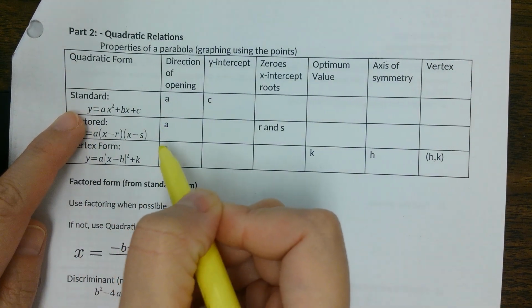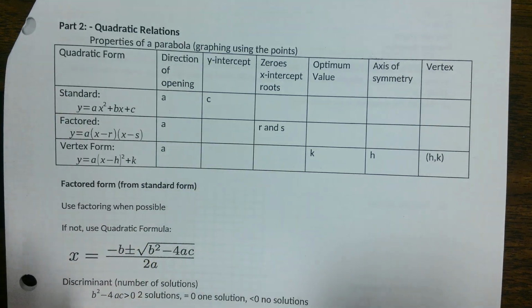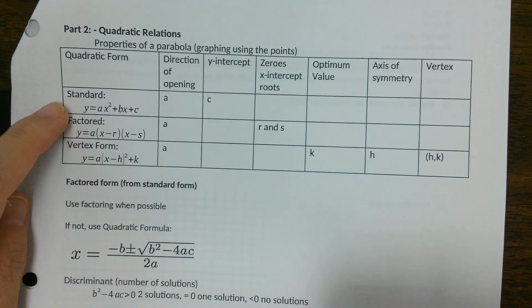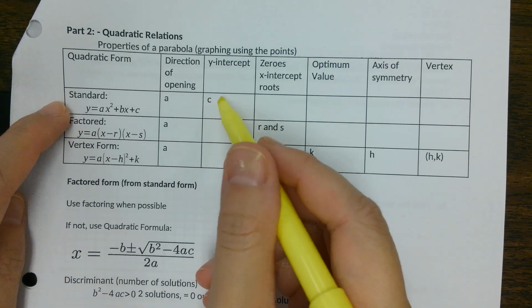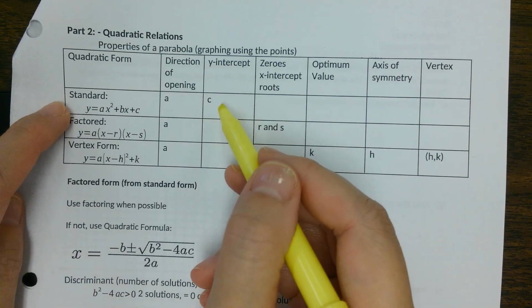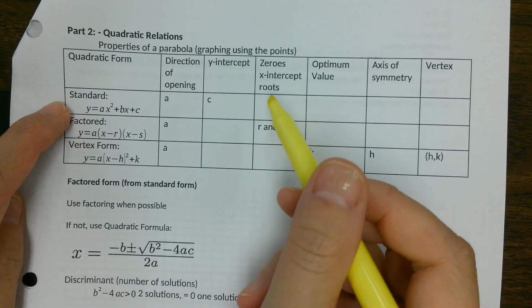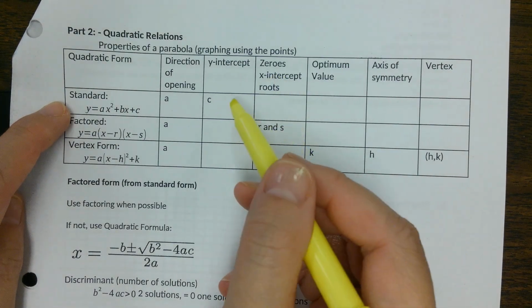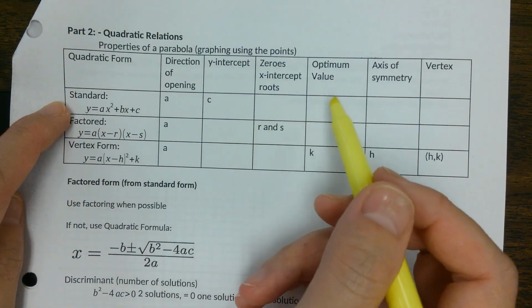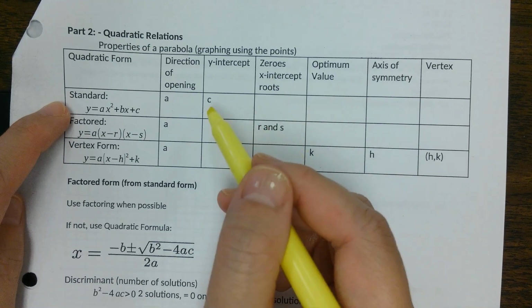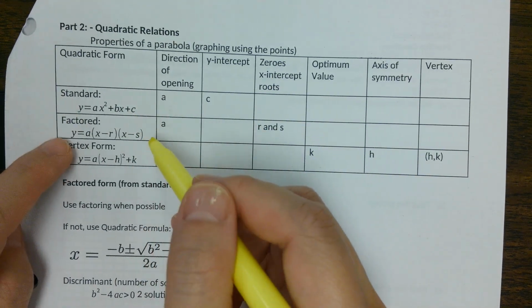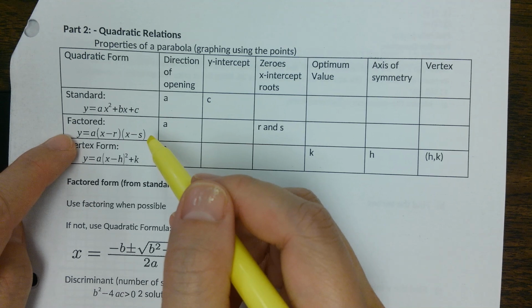In standard form, for direction of opening, you always look at the A value. If it's positive, it opens up. Negative, it opens down. Simple as that. Standard form is the easiest to tell you what your y-intercept is because it's just the C. If I want to find the zeros, I would have to factor it to put it into factor form.